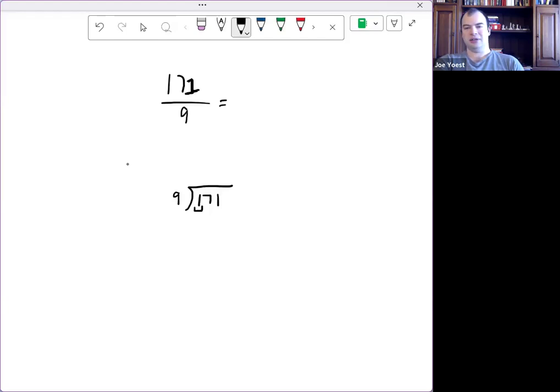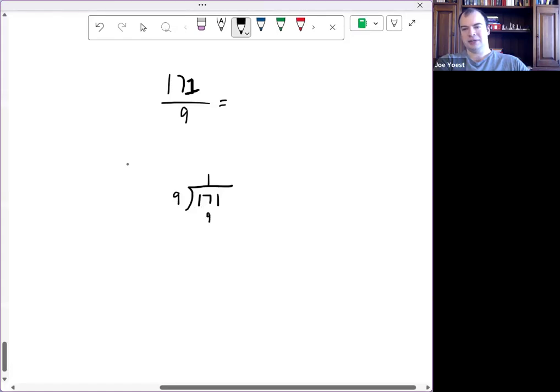Basically, can 9 go into my hundreds place? Is there enough room for my 9 to make it into my hundreds place? No. Does 9 go into 17? Yeah, it actually does. 9 times 1 is 9. 9 times 2 is 18. That's too much. It does go in one time, though.